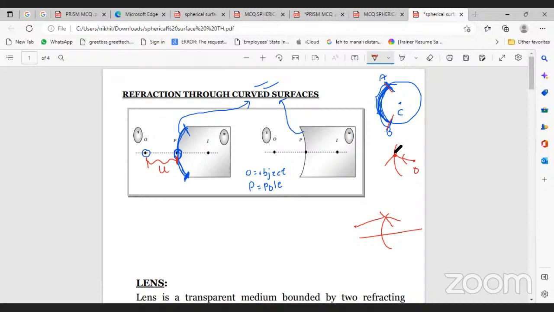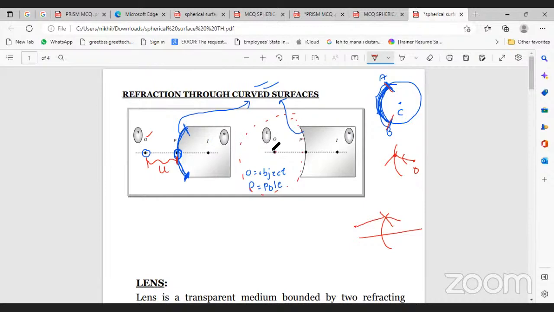So in which medium the object is placed is going to be important. Look at the two diagrams. In the first diagram, the object is placed outside. In the second diagram, if I complete this spherical surface, the object is inside the spherical surface.